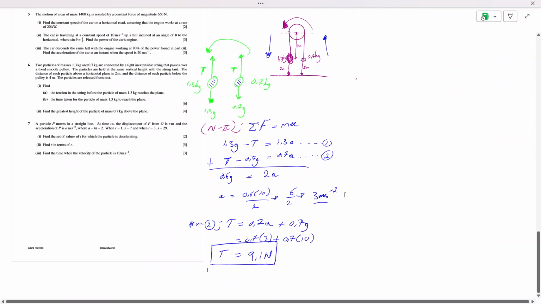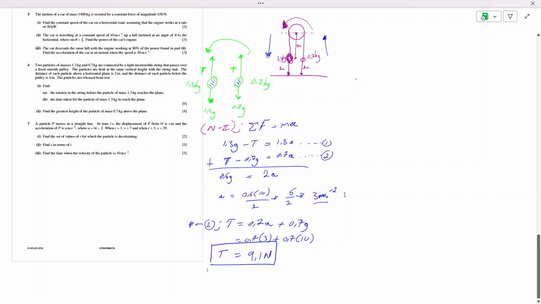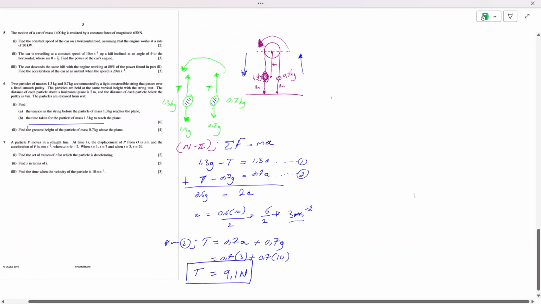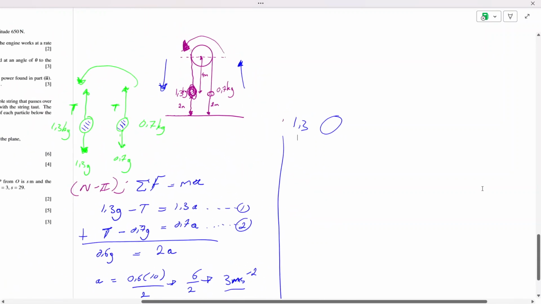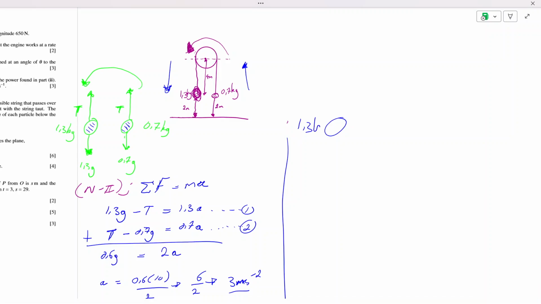Okay. Then part 2. Find the time taken for the particle of mass 1.3 kg to reach the plane. All right. Since we have the acceleration from our scenario, this is the 1.3 kg mass, right?